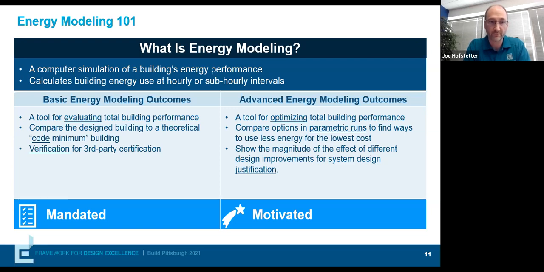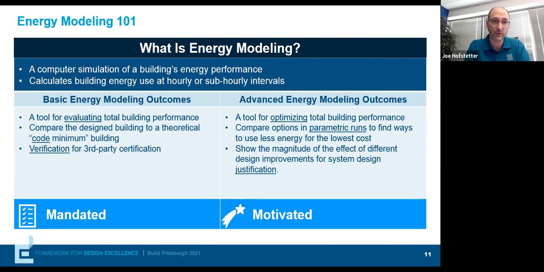And what we've shown here is, is energy modeling being brought to the table because it's being mandated in some way, or do we have an owner, design, and construction team that is really motivated to do something and optimize something?